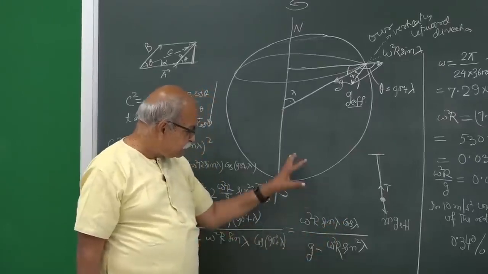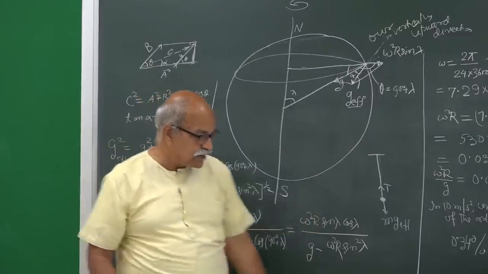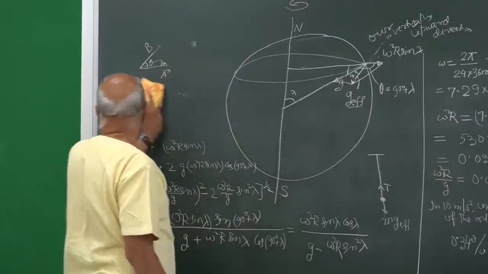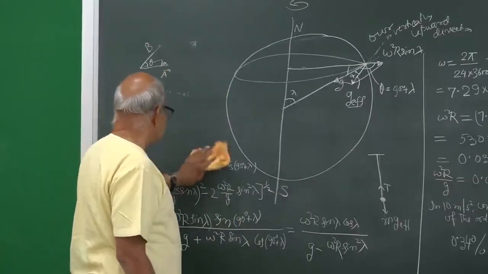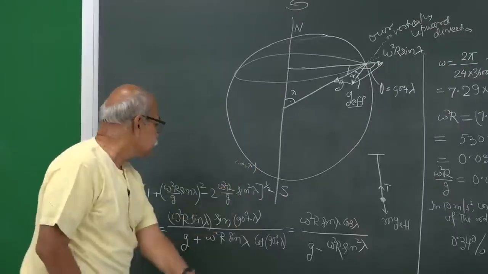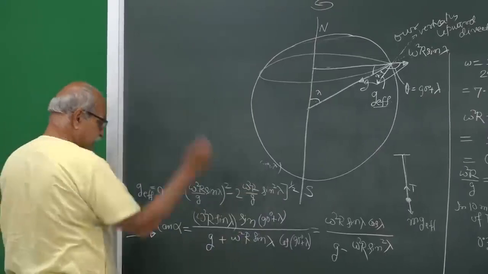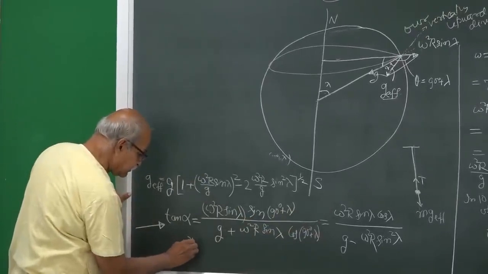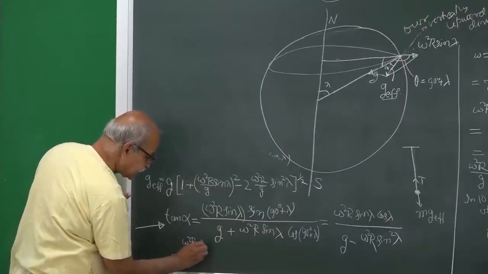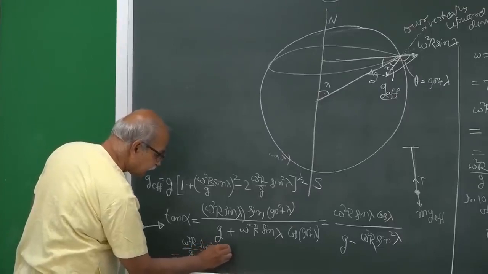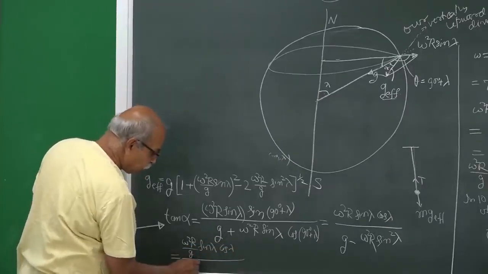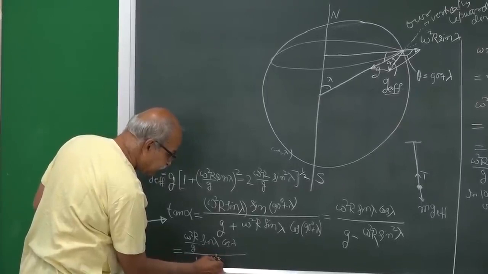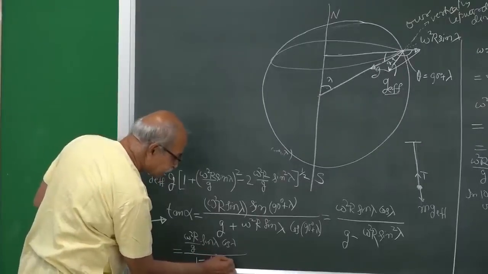You can divide by g in numerator and denominator, and you can write this as tan alpha is equal to omega square r by g, and then sin lambda and cos lambda, and then whole thing divided by 1 minus omega square r by g, and then sin square lambda.